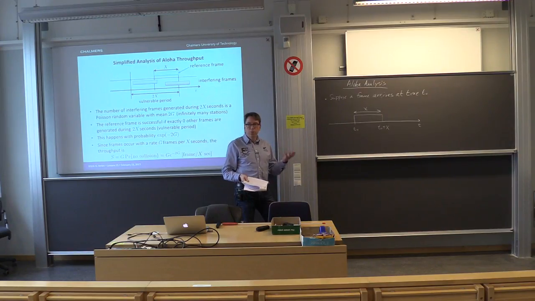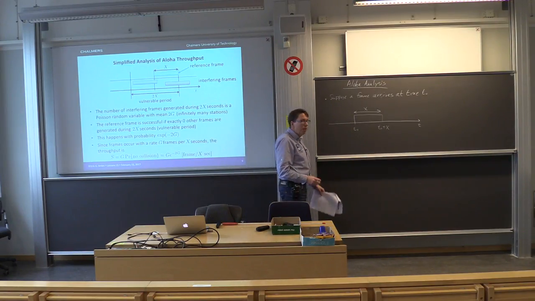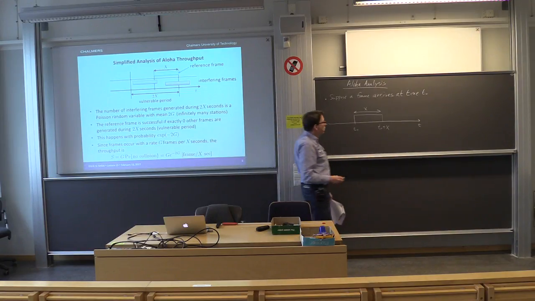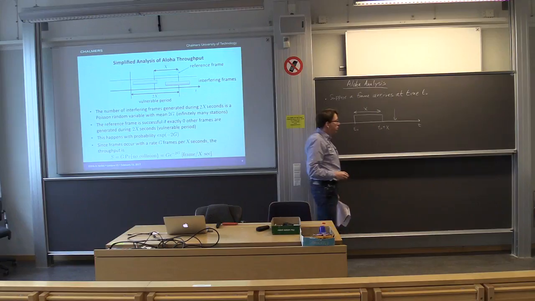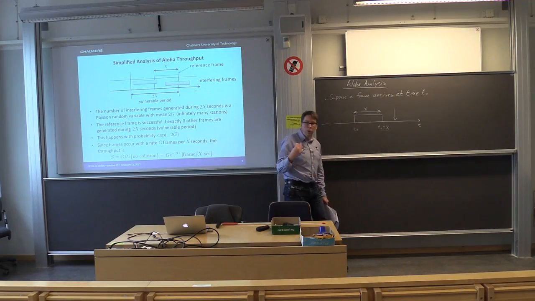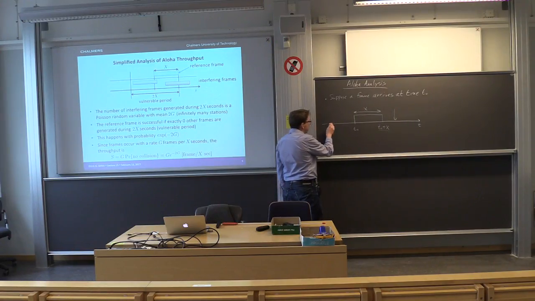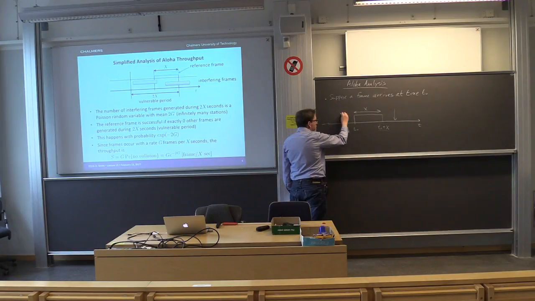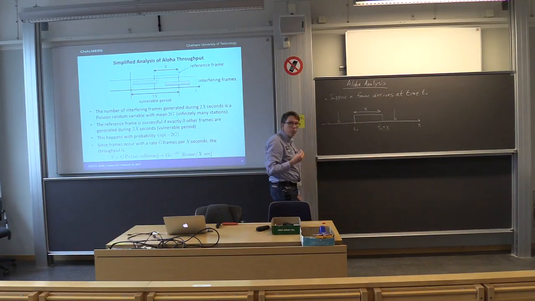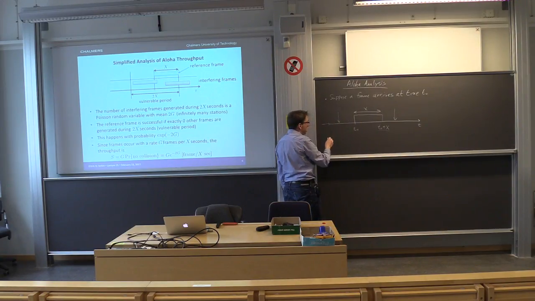So will this transmission be successful or not? Well, that depends whether there are other frames arriving at the channel during a certain time interval. So we see all frames which are arriving later than t0 plus x will not interfere with the channel. So those are okay. But arrivals which are previous to this frame will interfere with this frame if the arrival is within the interval from t0 minus x to t0, right?